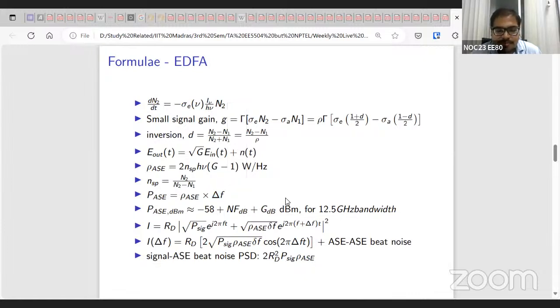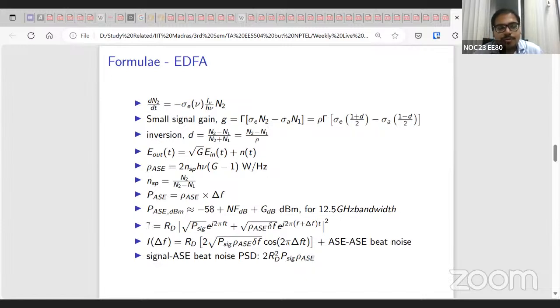So this is for some quick calculations in the field. And then this optical noise we want to translate into what is detected at the photodetector, because that is the signal we are detecting and trying to demodulate. So the noise impairments at that point are what is most important.